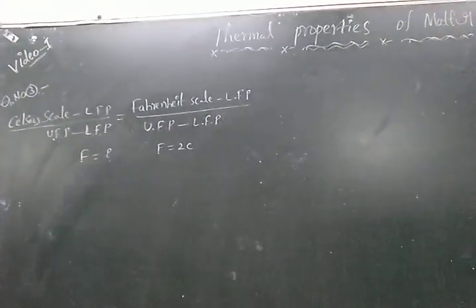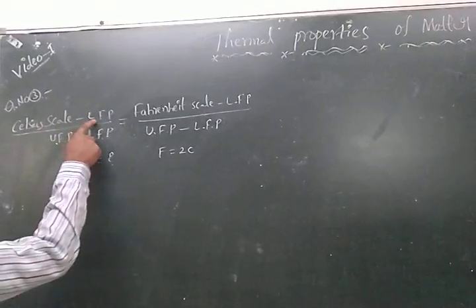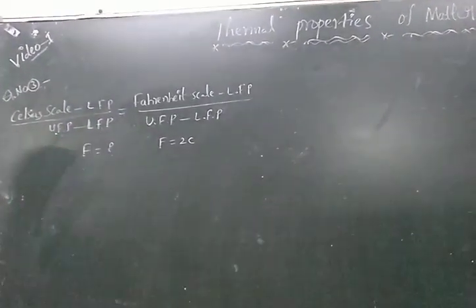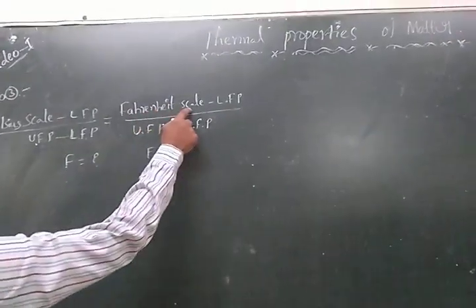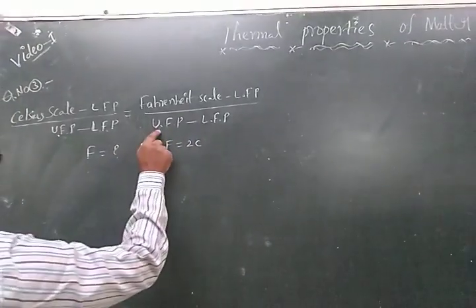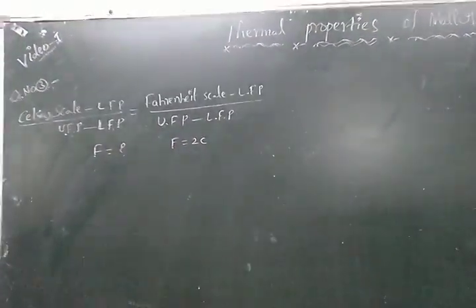We know the formula: (Celsius reading minus lower fixed point) divided by (upper fixed point minus lower fixed point) is equal to (Fahrenheit reading minus lower fixed point) divided by (upper fixed point minus lower fixed point).